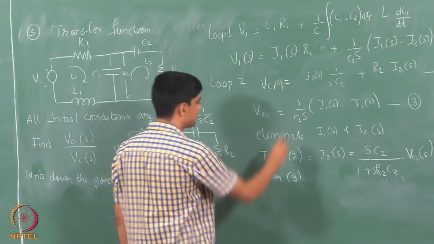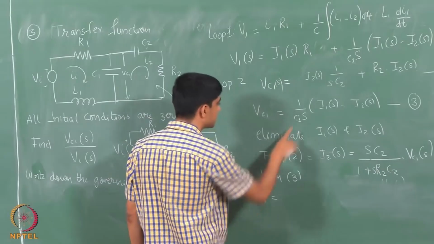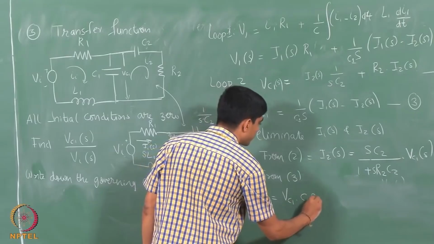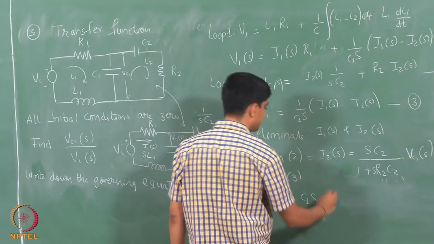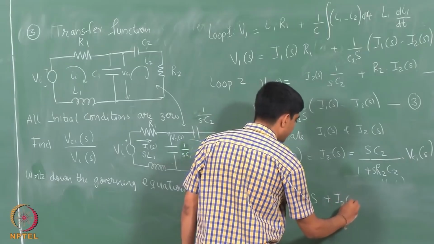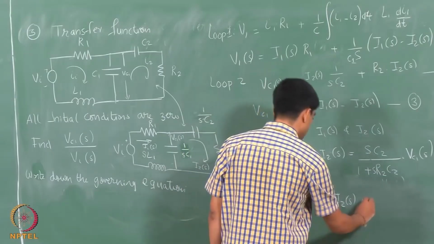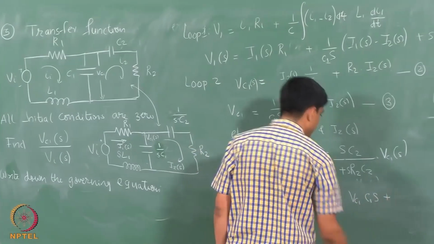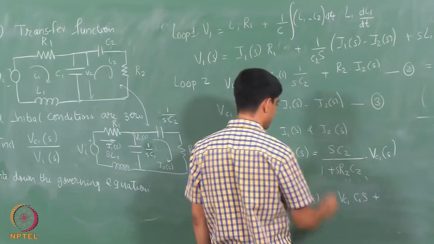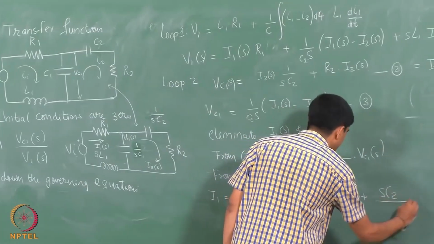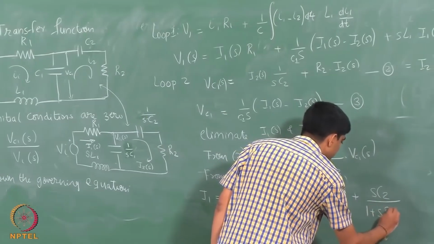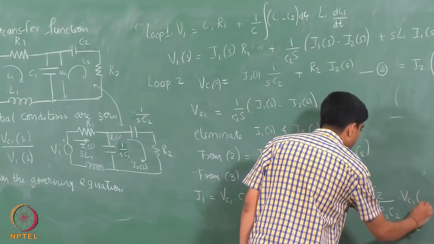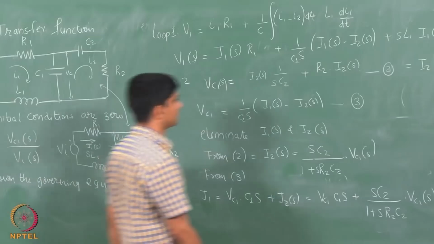Okay, from equation 3 what we have is I1 is Vc1 times C1 S, right, this goes here, plus I2 of S. Okay. So, this is Vc1 times C1 S plus what is I2 of S, this entire thing, S C2 over 1 plus S R2 C2 times Vc1 of S. So, I will call this 4.